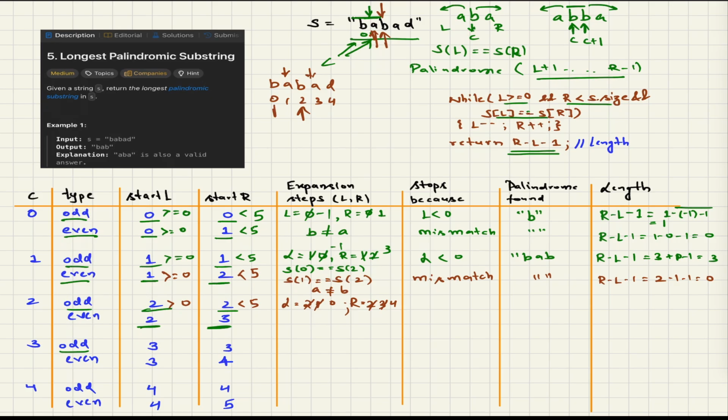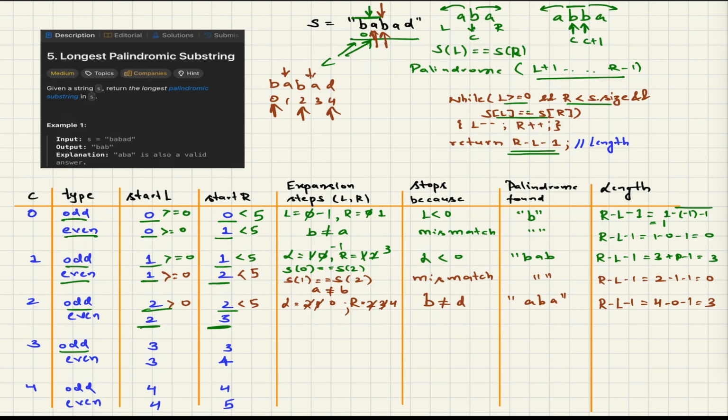Are this and this equal? No, it is not equal. So we come out of the loop because B is not equal to D. We call it a mismatch. We return the length. My R was 4, my L was 0, minus 1. It is nothing but 3, and the substring that we had found was nothing but ABA.